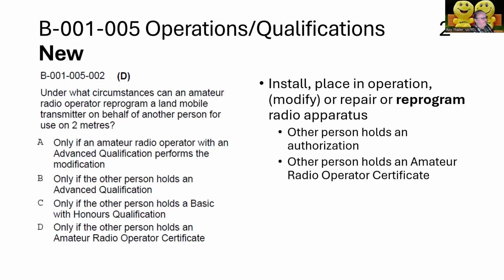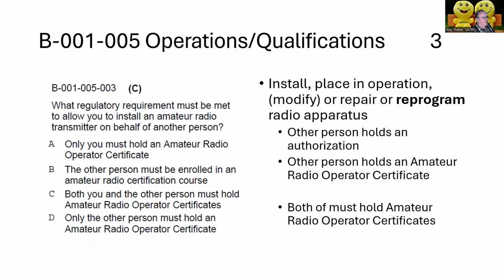Here's a new question, which is similar to the previous one. Under what circumstances can an amateur radio operator reprogram a land mobile transmitter on behalf of another person to use on 2 meters? They've added in reprogram. And the answer is D, only if the other operator also holds an amateur radio operator certificate.